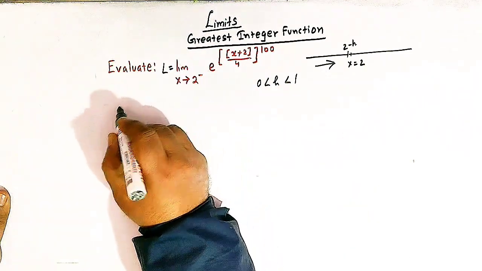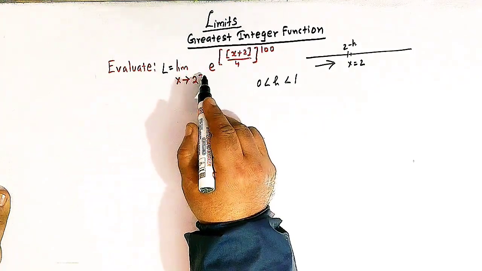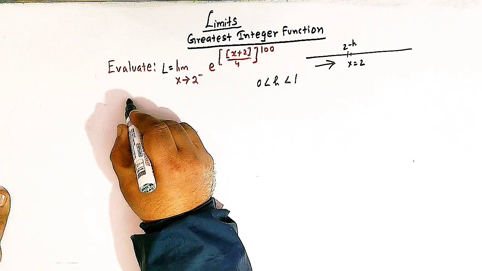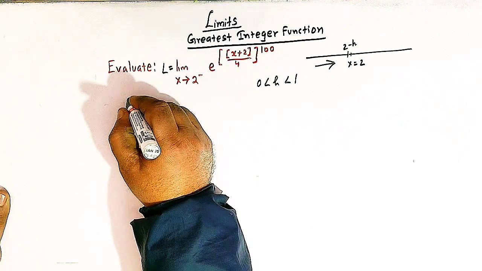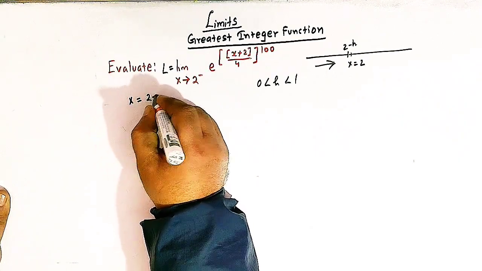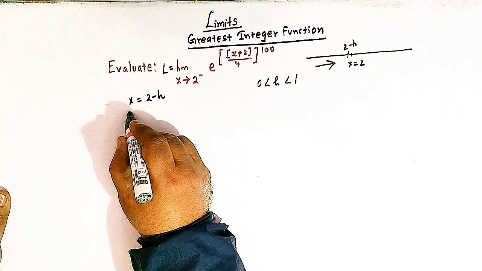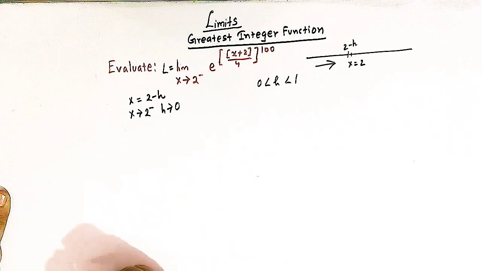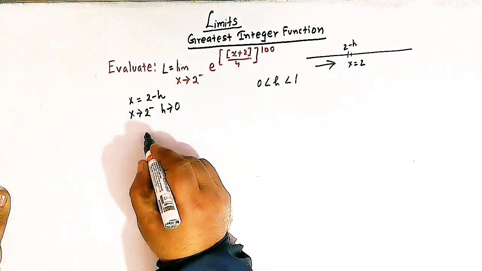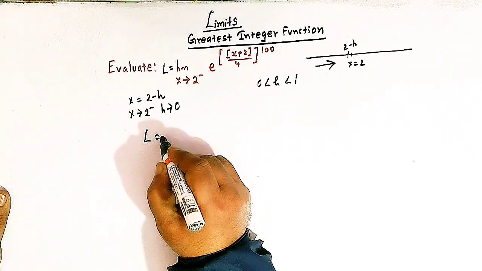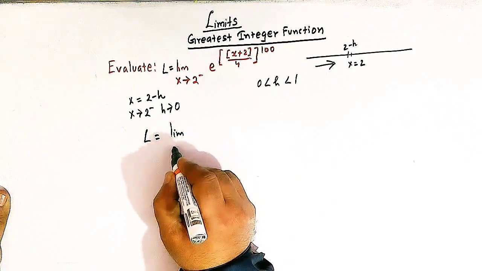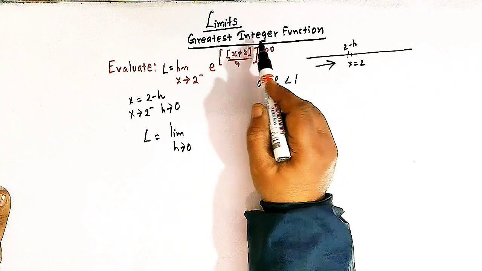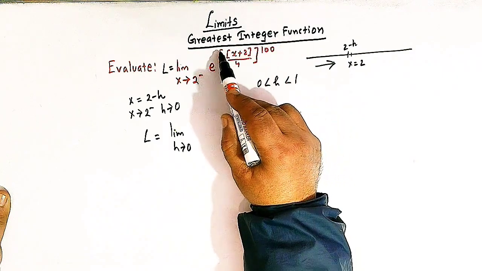So what we will do here is convert this limit in terms of h by substituting x equal to 2 minus h, so that when x tends to 2, h tends to 0. Now this limit takes the form L equals limit h tends to 0, and remember here we have the greatest integer function two times.